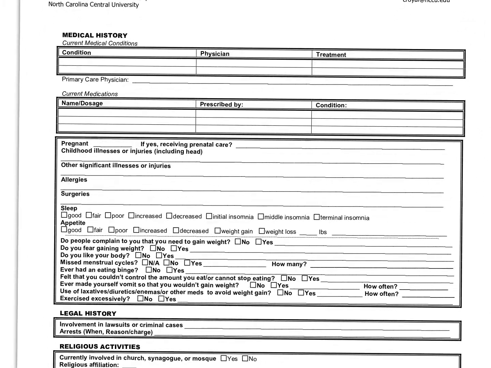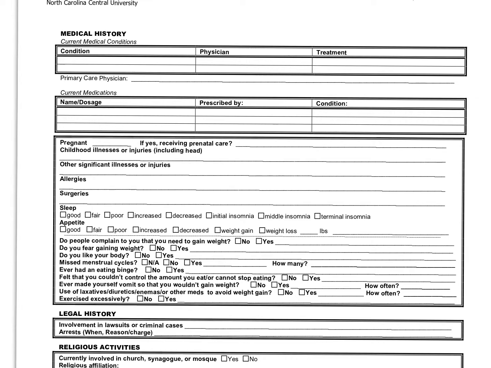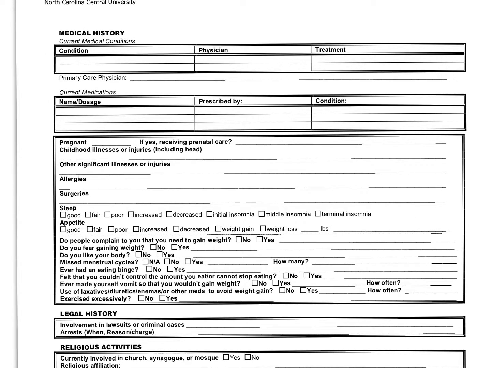And then we move on to medical history. I don't need a really full and detailed medical history. I don't want them to tell me about every single broken bone or things that just aren't going to be relevant. So I will typically ask, do you have any significant medical conditions?